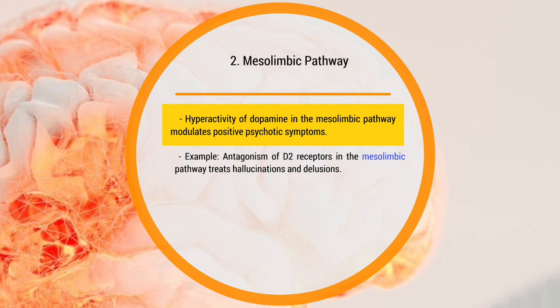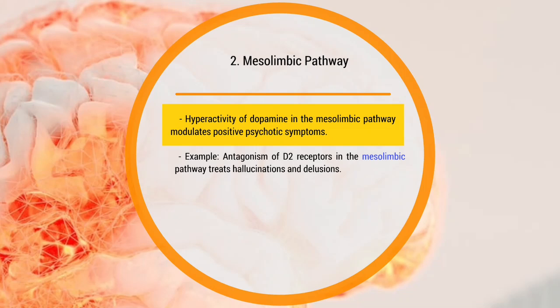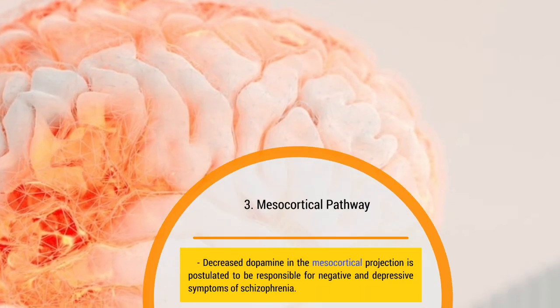So it's a hyperactivity. For example, antagonism of D2 receptor in the mesolimbic pathway treats hallucination and delusion. Okay, so if we have a lot of dopamine in this pathway, we would have psychotic features. So mesolimbic, don't forget the mesolimbic.